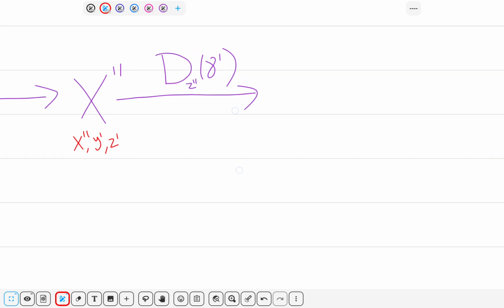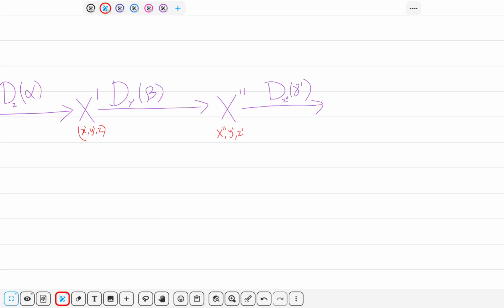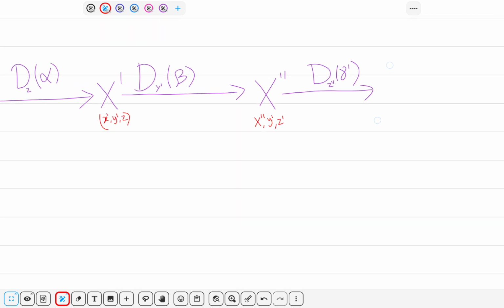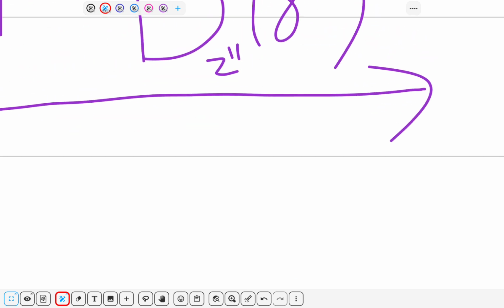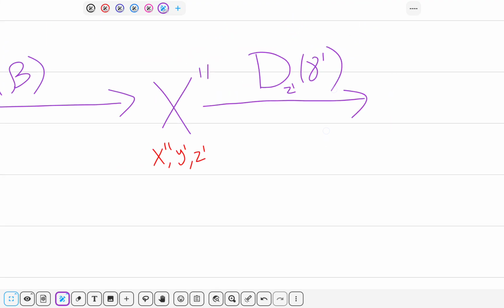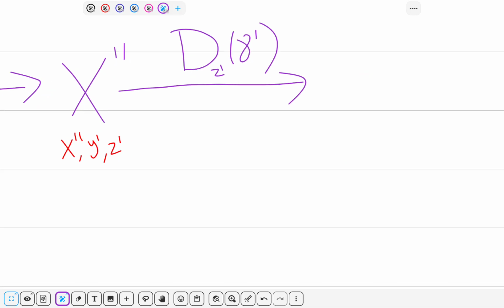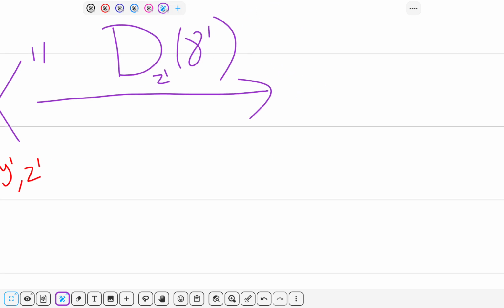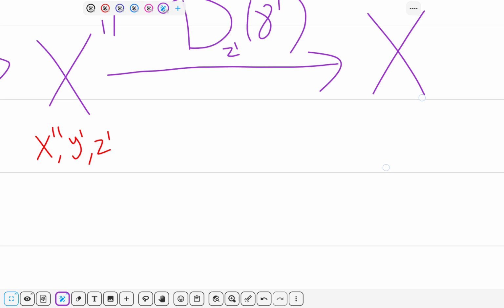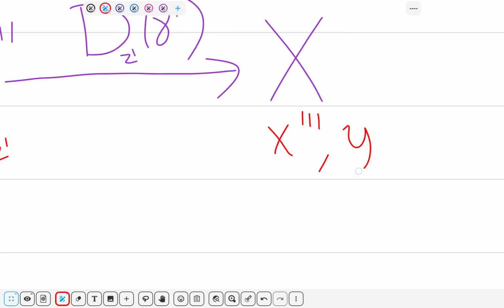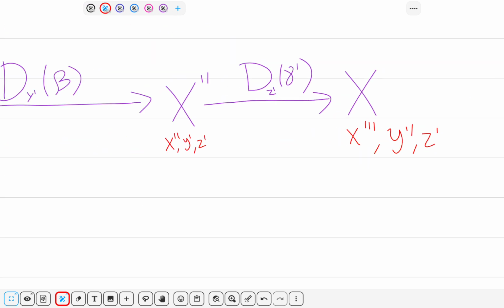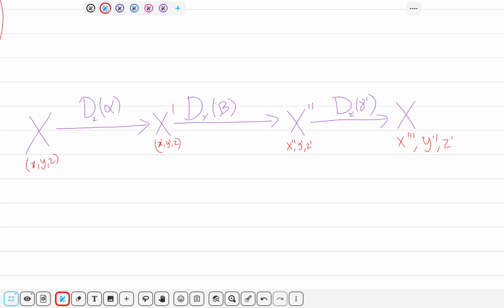And again you do it about the z axis, okay, not z double prime, just z prime. And what you get is a new space where you have x triple prime, just some new coordinate, y double prime, and z prime.